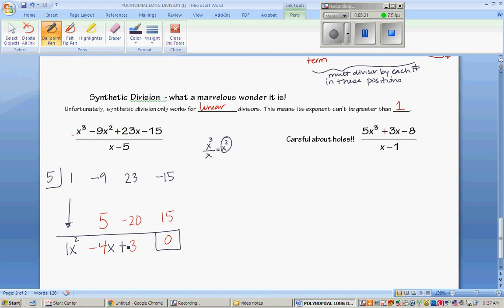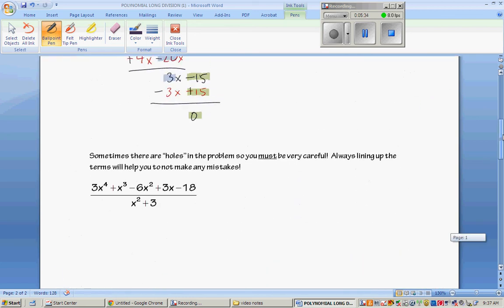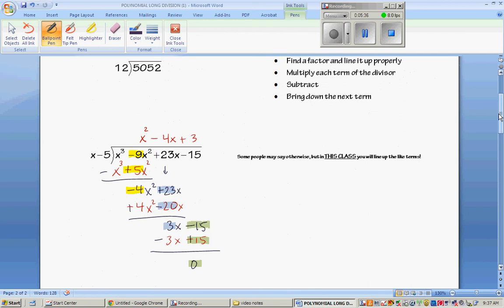To really illustrate the magic of this, I want you to keep your notes in front of you, and I'm going to go back and show you this same problem that we did in class. So keep your notes and take a look at this. We have the 1's, which we had brought down. Then we have -9, +5, and a -4.